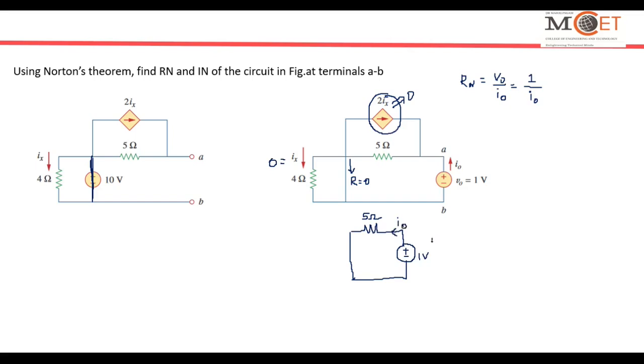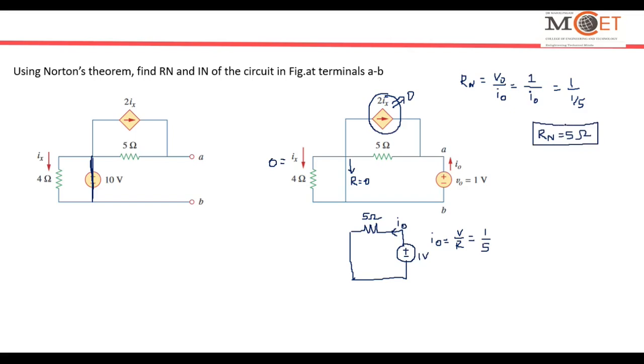V equal to IR, so I equal to V by R. V we know, it is 1. R is 5. So I naught is 1 by 5. So Rn is 1 divided by 1 by 5, which means that Rn equal to 5 ohms.